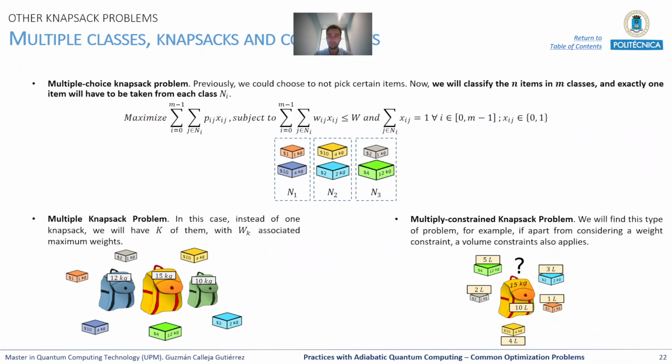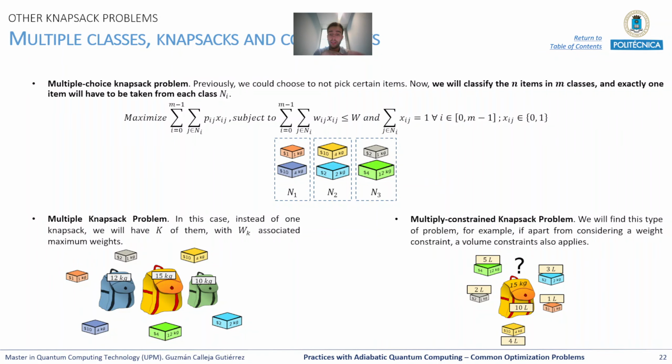On the other side, we have a different type of knapsack problems that depend on multiple constraints, multiple things that are not related to the item. So, for example, in the multiple choice knapsack problem, we have different classes.